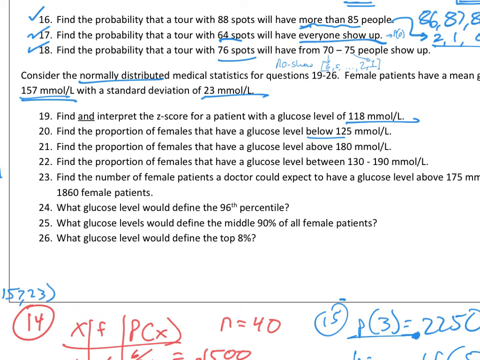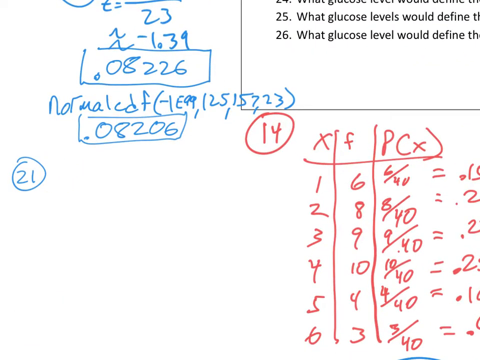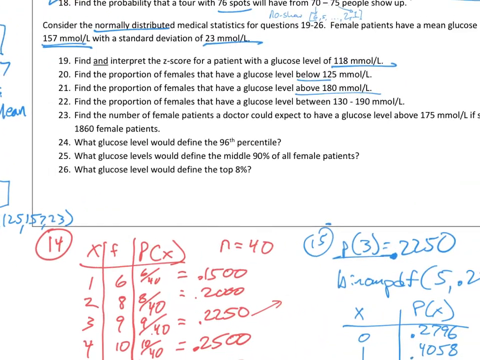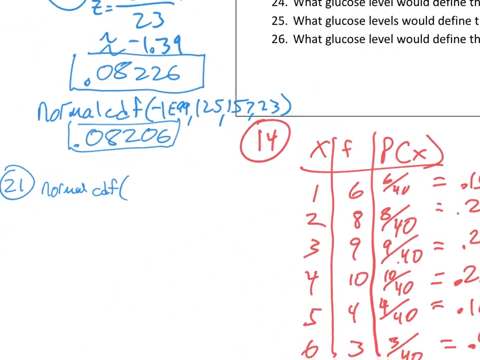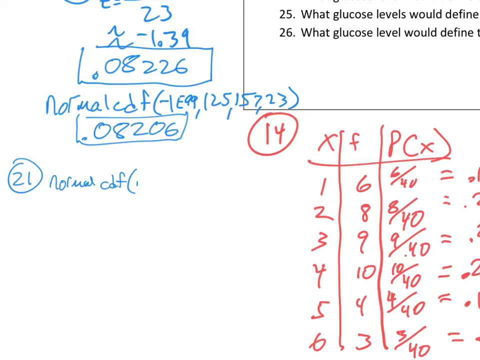The females that will have a glucose level above 180, all right? So that means we're going to have our normal CDF. And we're going to go from the low number of 180 to a giant number.